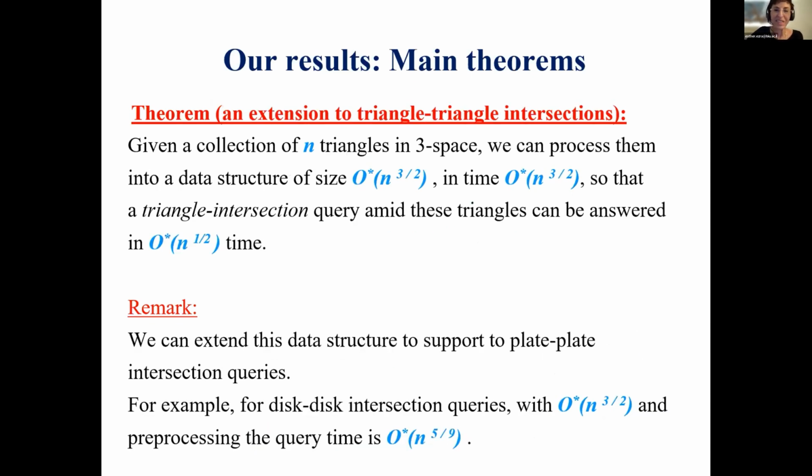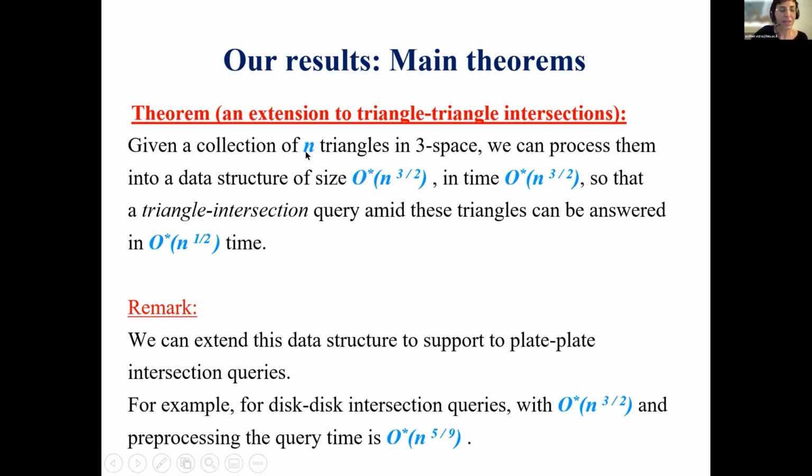And the last extension is to triangle intersections. Here we have a collection of triangles, and we'd like to preprocess them such that given a query triangle, we can quickly answer whether it intersects any of the triangles in the input. We can do so with n to the 3/2 space and preprocessing and root n query time.